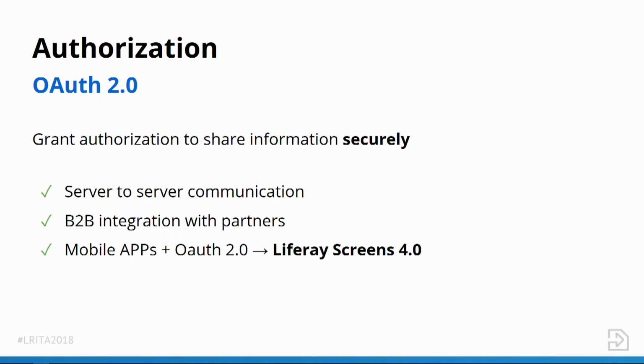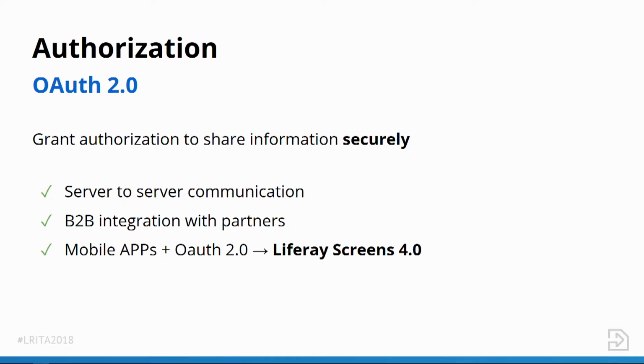You can configure Liferay as an authorization server and decide, from the APIs that you are exposing, how they are going to be accessed and what pieces of information are going to be accessed, and you'll be sure that there's a token interchange, etc. Everything will be secure, okay?